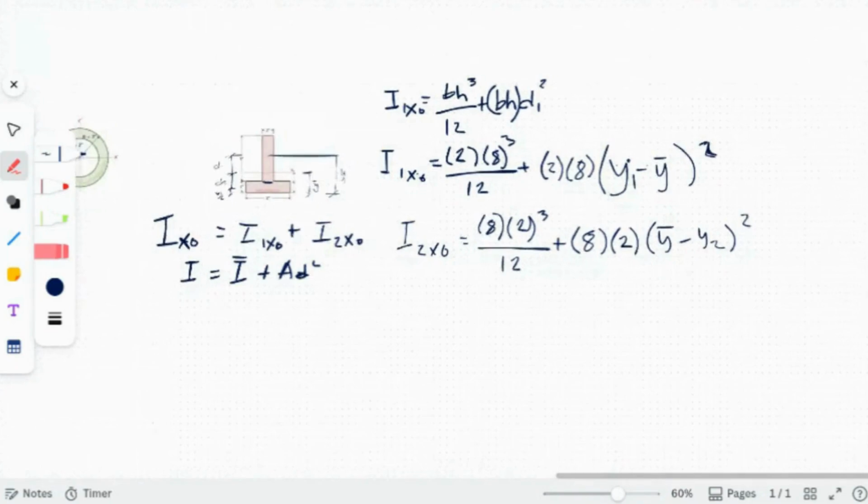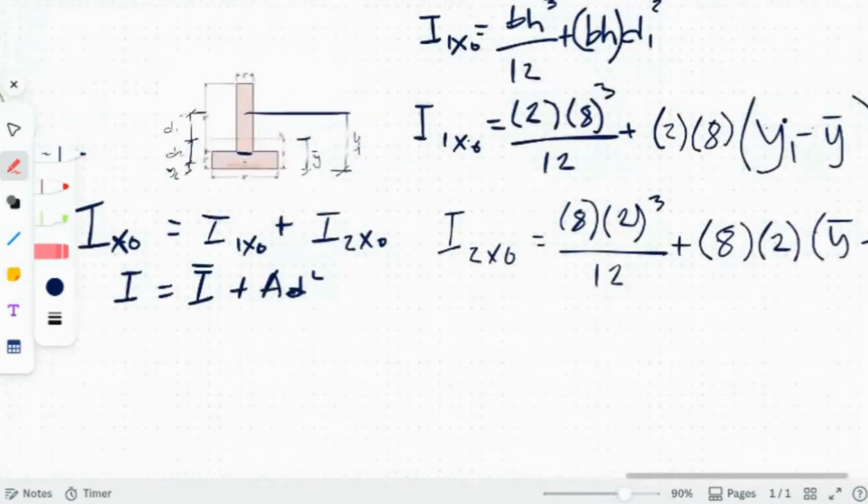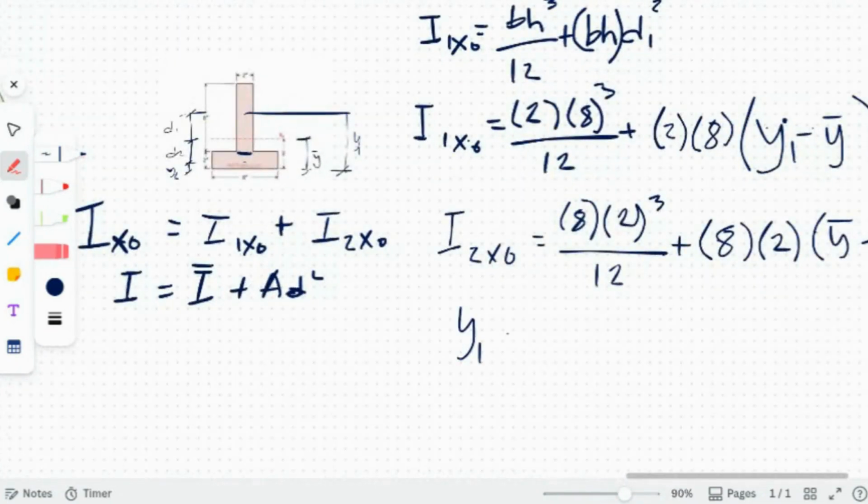It's fairly easy. Y1 is equal to the distance, it's the centroid, so it's actually 8 divided by 2, so that's 4, plus the height of the first bar at the bottom, so that's plus 2, that is 6.